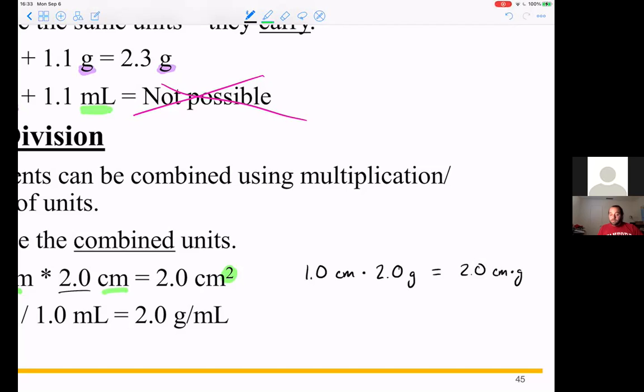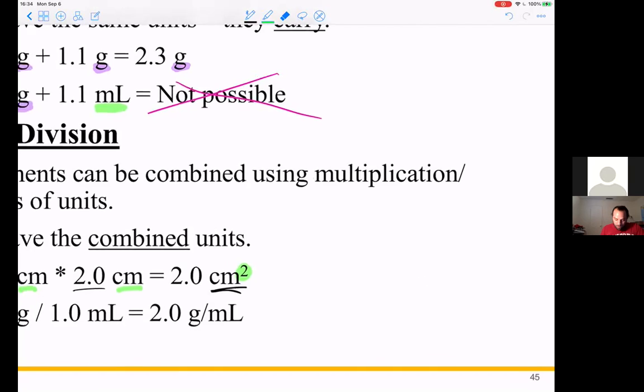Now, sometimes some of those combined units don't make any sense. A centimeter times gram, that's not anything. But other combined units very much do mean something. Centimeters squared, that's how we measure area. Centimeters is a length. If I wanted to know what the area of a square was, that would be in centimeters squared. So it's not always that the combined units have any sort of meaning, but nonetheless, we can use any units, combine them, and they follow the same rules, almost as if they were variables in this problem.